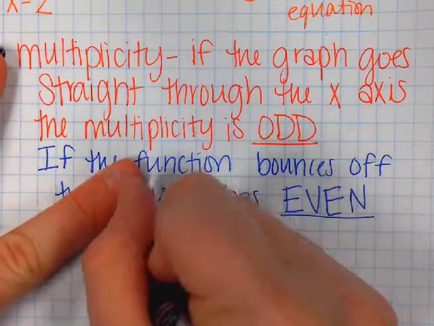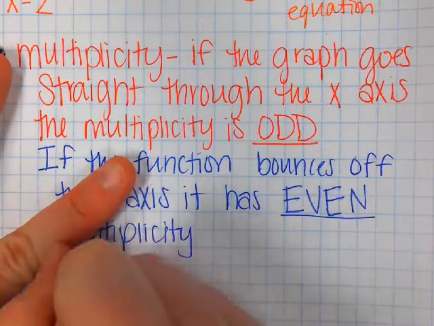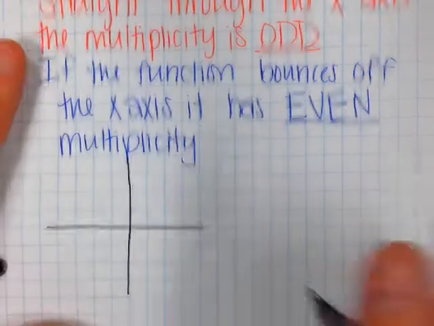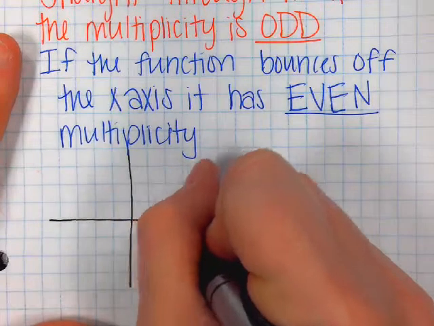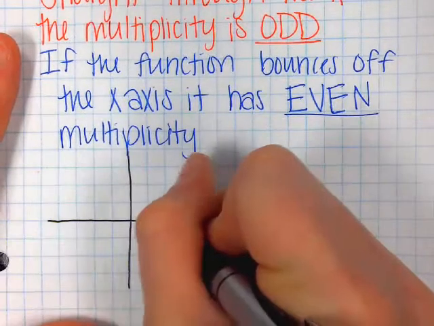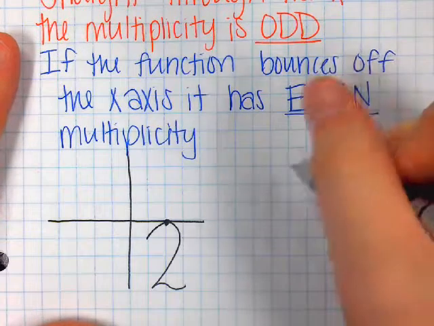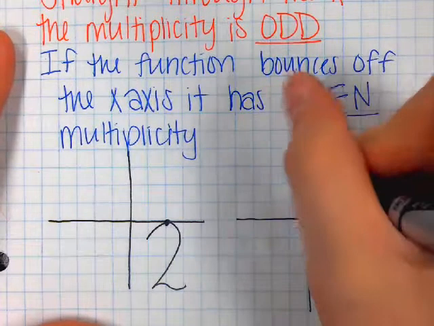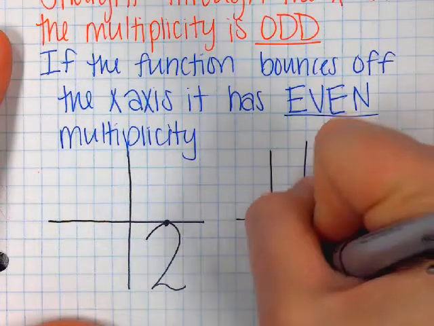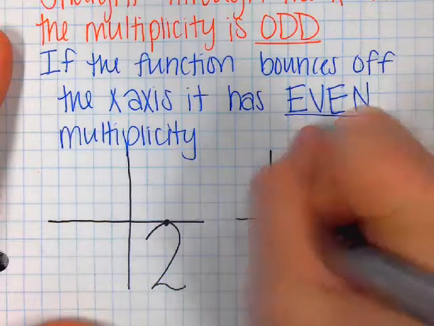The trick I always like to use is if it's a 2 or even, it's going to bounce off. If it's odd or just has a multiplicity of 1, it's going to go straight through.